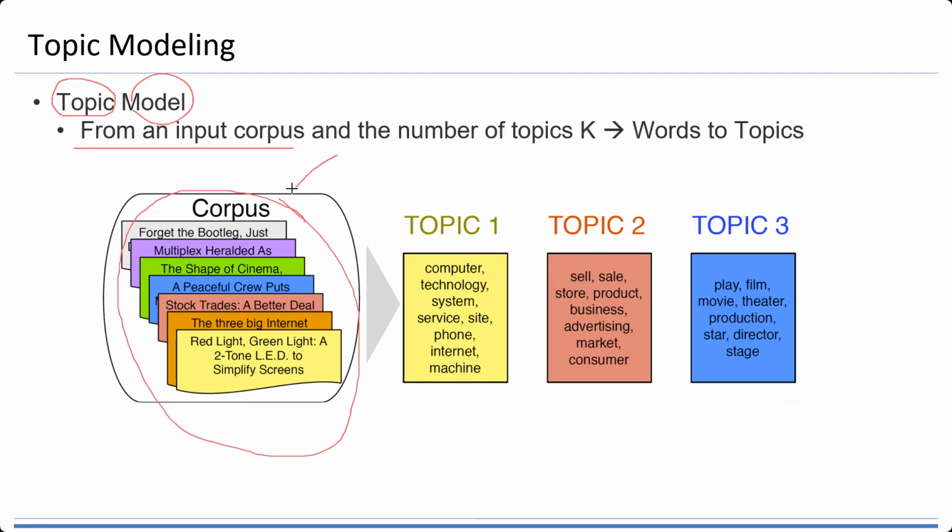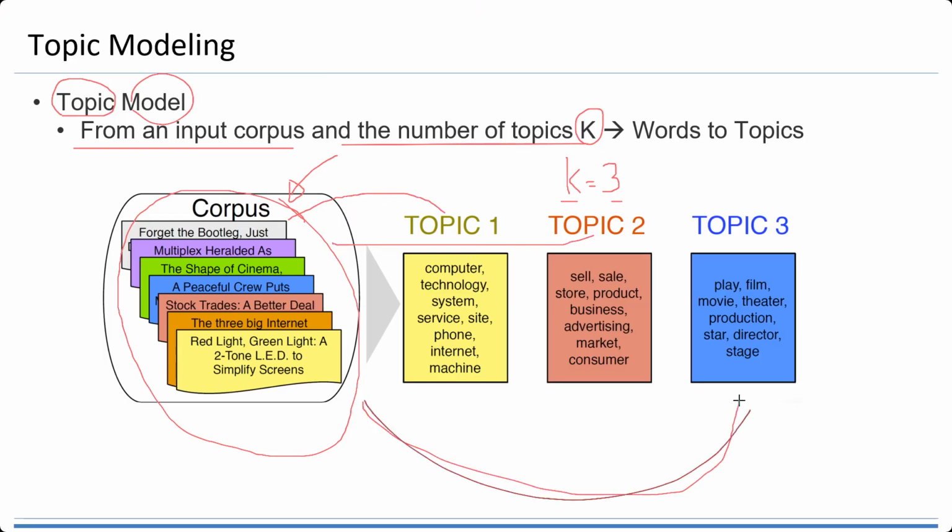From this corpus, we want to get a number of topics. Let's say I have K. K is determined. For example, I want to look at 3 topics, then K will be 3. If K equals 3, it means I will split this corpus into topic 1, topic 2, and topic 3.